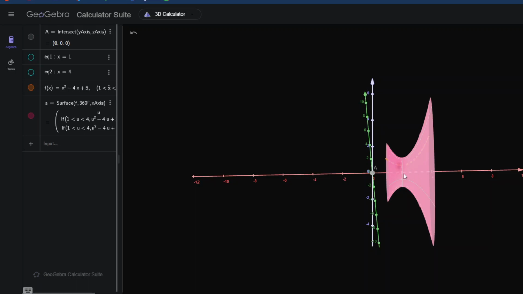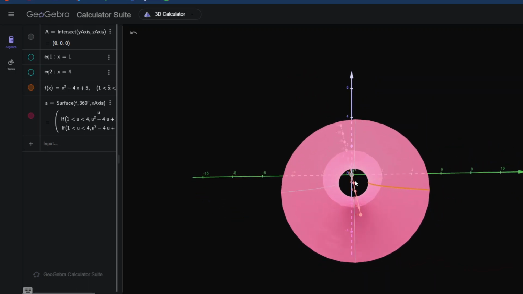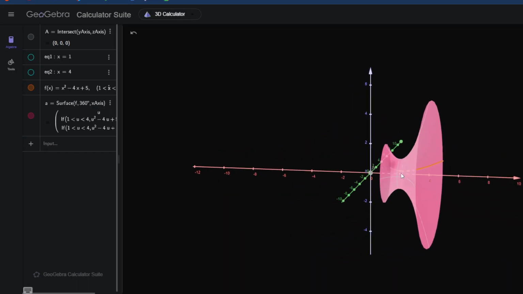Specifically, the radius of that circle, half of it coming off of the x-axis here, would be just the value of the function itself, right? f of x, whatever f of x happens to be at that point. So every cross section is a circle with radius f of x.